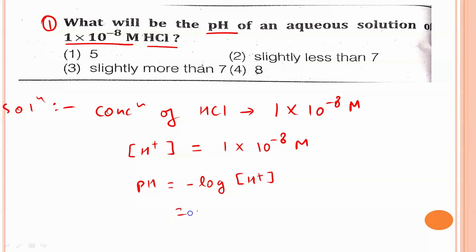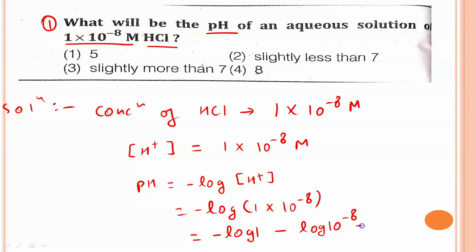So we can say minus log of 1 into 10 raised to the power minus 8, and solving with the help of log property we will get minus log 1 minus log 10 raised to the power minus 8. On further solving, by the property of log, log m to the power n is written as n log m.